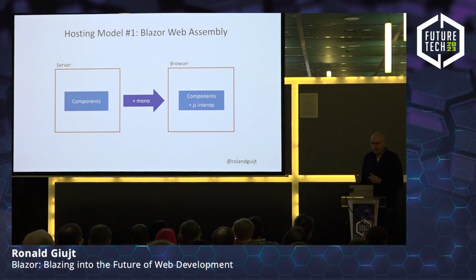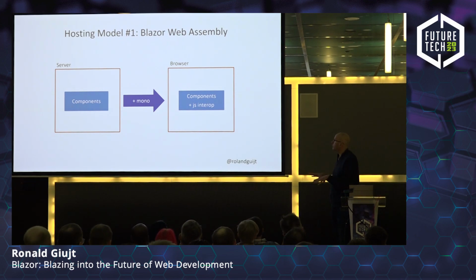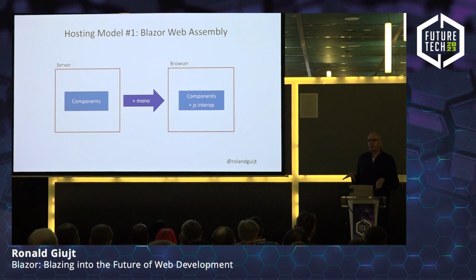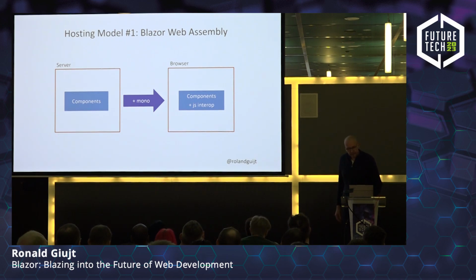So that .NET runtime is sent to the browser, and that runtime is used to read the components and to execute the code that's inside the components. Okay? So that's Blazor WebAssembly. And again, this whole thing is just one request to the server, it sends everything over, and then the browser can handle all UI logic autonomously.